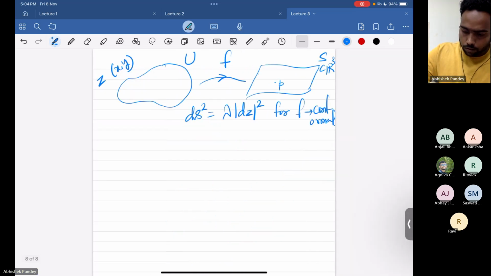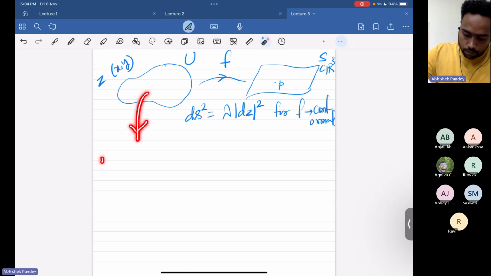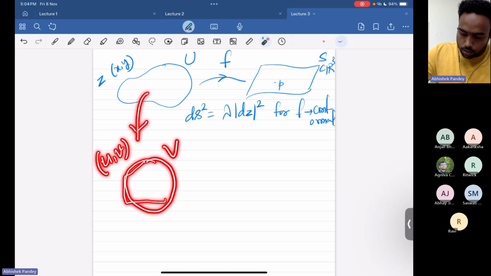So the idea is to transform this coordinate to some other coordinate, let us say u, v, so that in this coordinate the expression looks like this form. Let us say this is w.